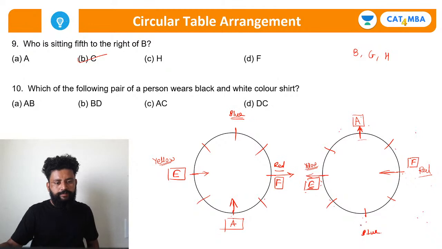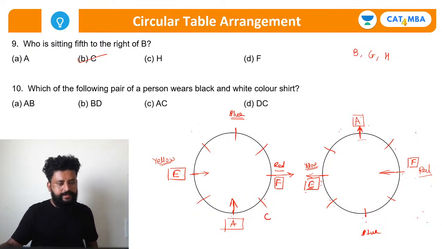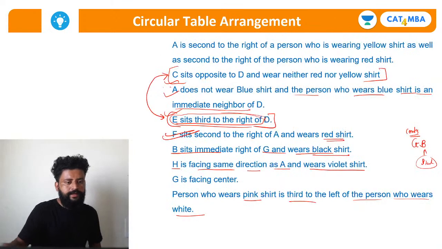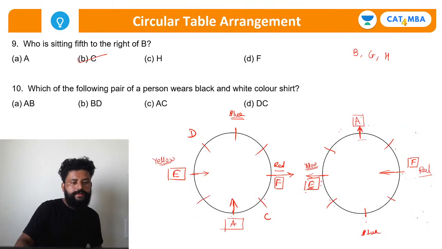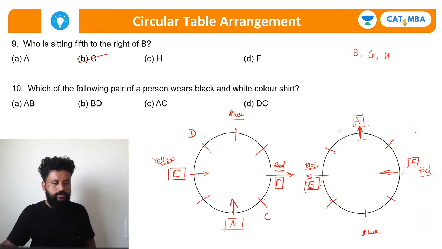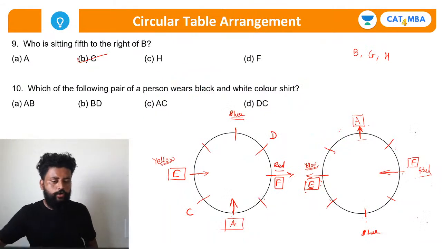This must be blue, so he must be the neighbor of D. D can be here. We take C here, then we have E sits third to the right of D. It's not possible, that's why we kept C here, D here, and third to the right of D. E sits third to the right of D.